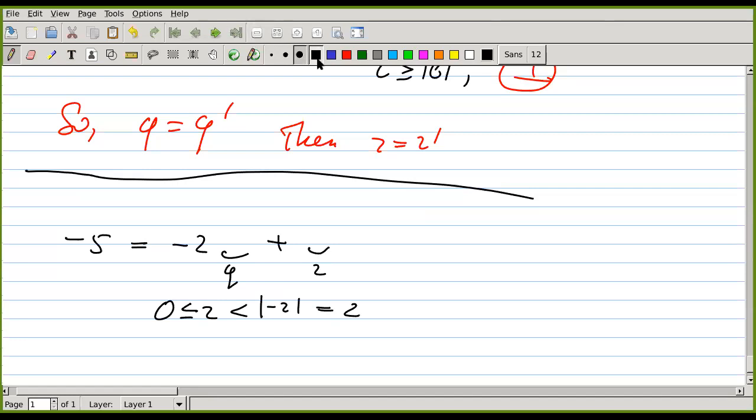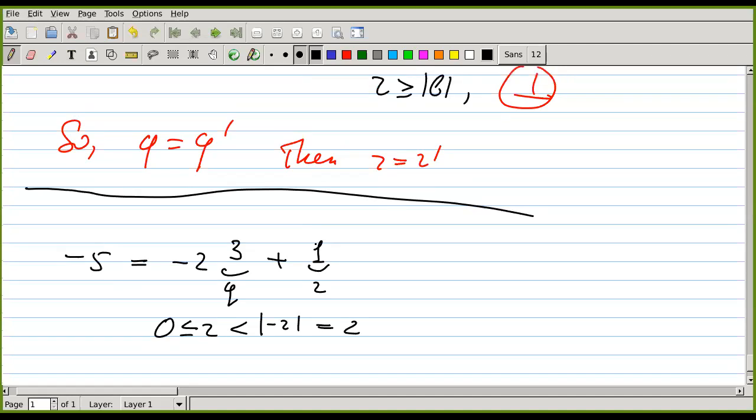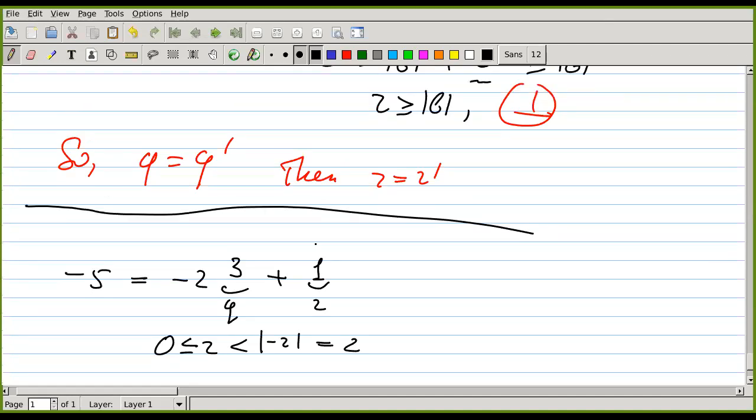So can you guess such numbers? Q can be 3 and R should be 1, then we will have -6, and the difference is 1. And according to the theorem we have just proved, there is no other pair.